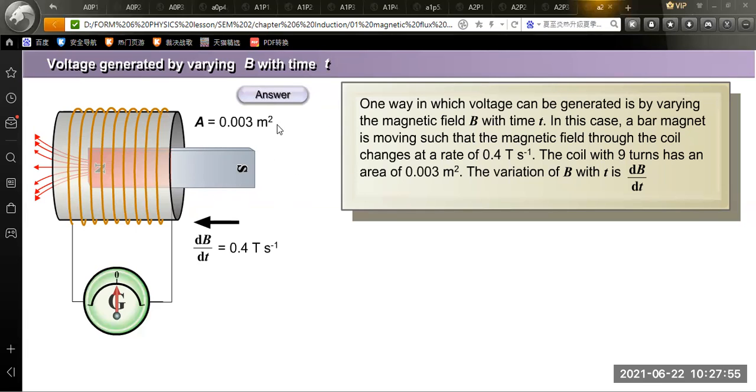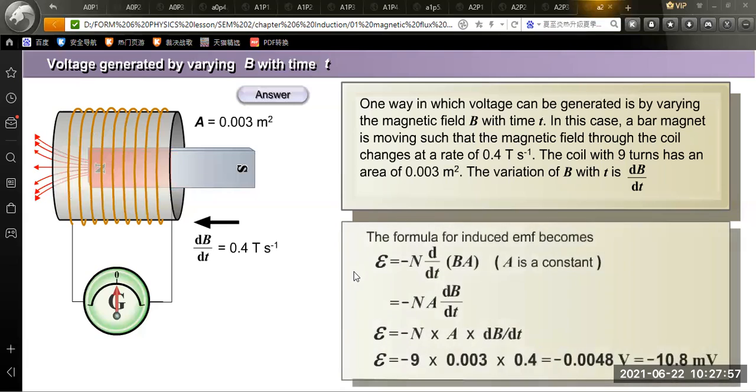Okay, so we want to find out the EMF induced. The formula for induced EMF becomes negative N d over dt of BA, so negative NA dB over dt.